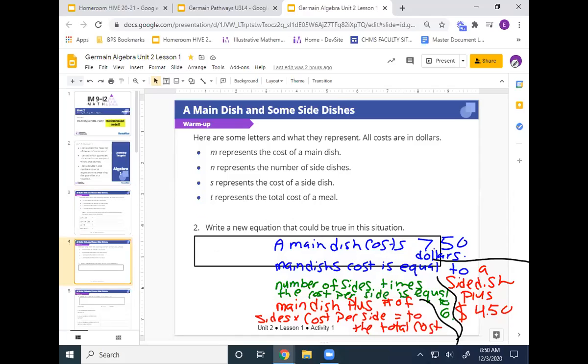Nice job. Nice job, Max. Let me see these in the chat once you guys are answering. Is it okay if I erase the bottom here? Is anybody still copying? Let me know if you're still copying.